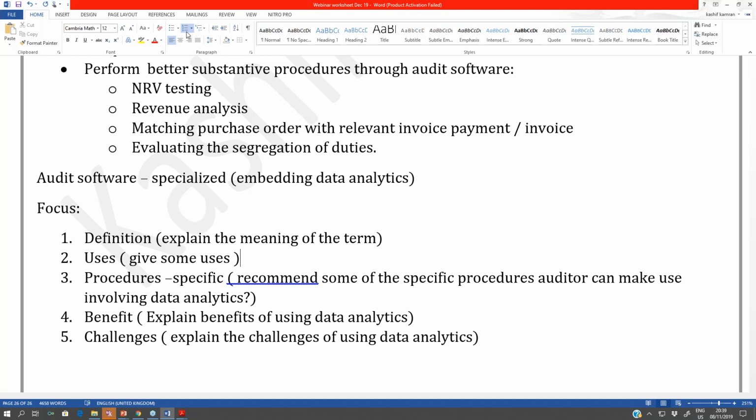You have to read the article in perfection, even the examples. You never know, the examiner may give you the same example in the exam paper. What if the question comes on inventory in December 19 and the examiner asks you, recommend some of the procedures on inventory using data analytics, right?